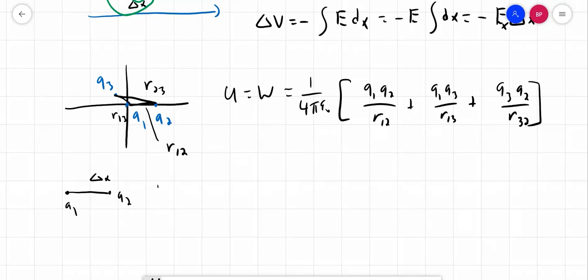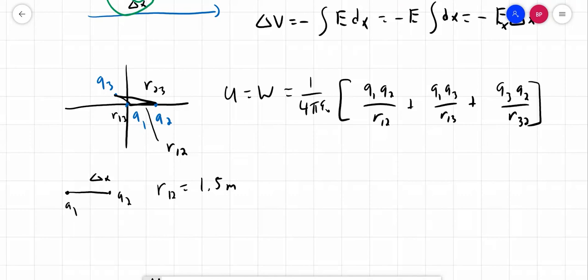So our r12 here is just the positive version of the x component of Q2 minus the x component of Q1. Well, Q2 was at 1.5 meters in the x, and Q1 was at the origin, so this is just 1.5 meters.